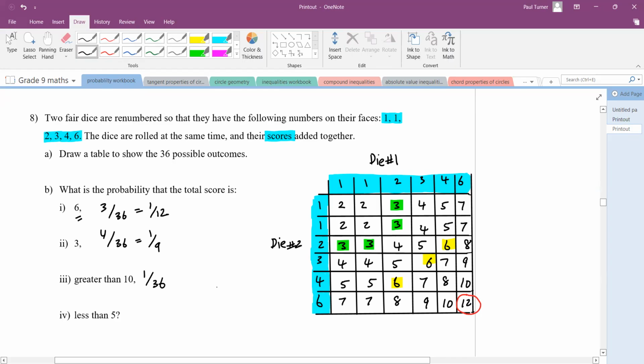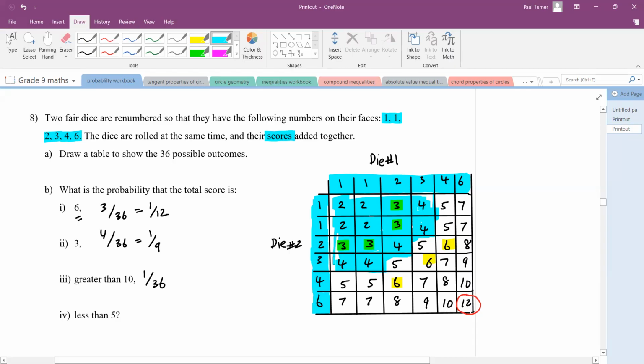And numbers less than 5, so we can bracket them off a bit. So less than 5 would be, let's see, let's go around. So it should be these numbers here. Are these the numbers less than 5? Is there any more?